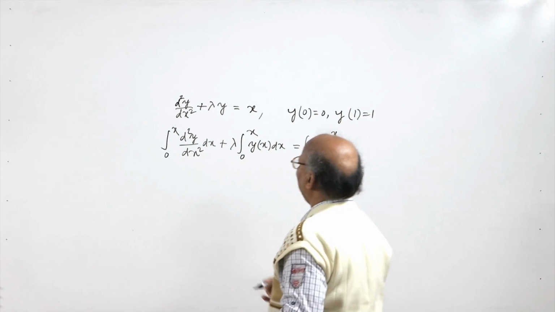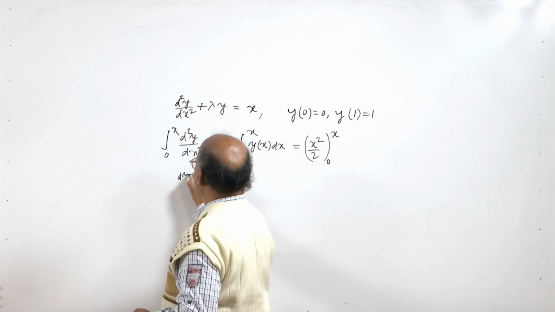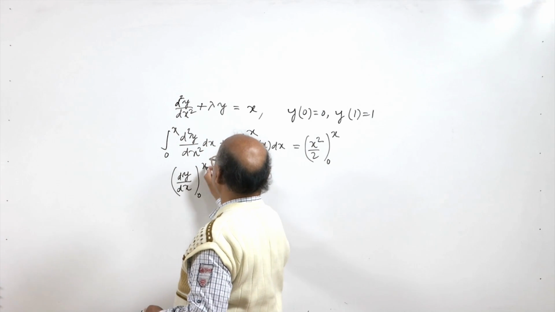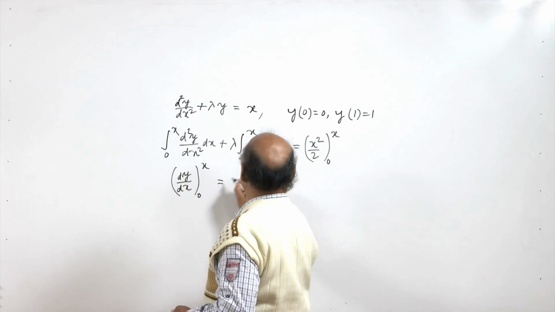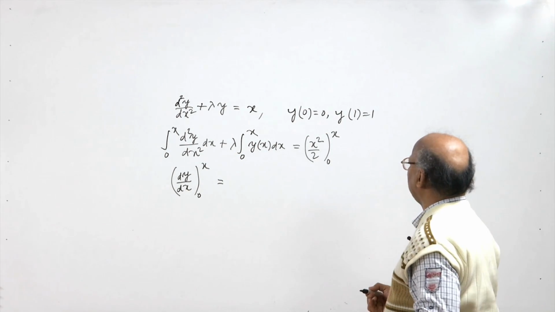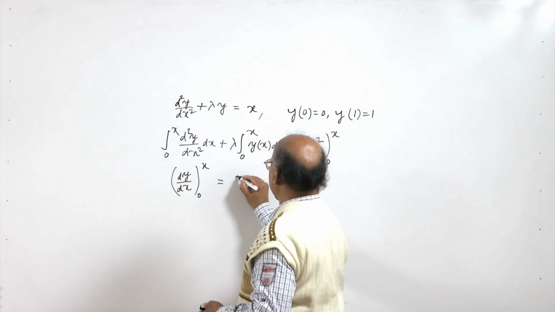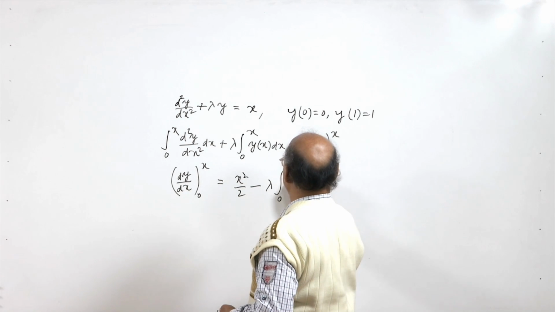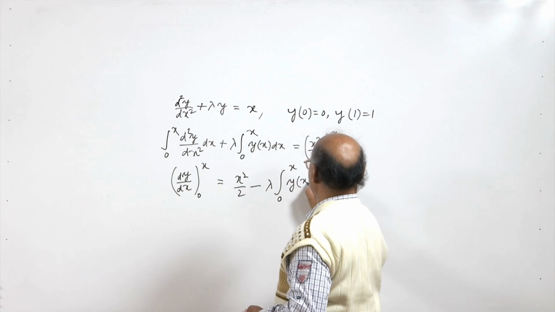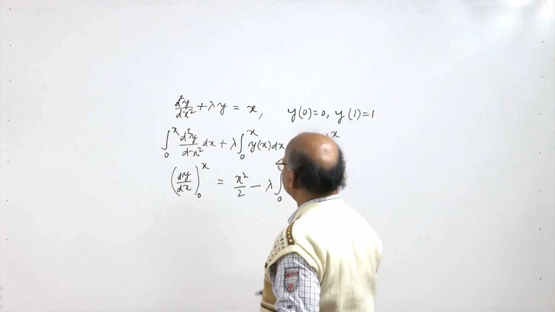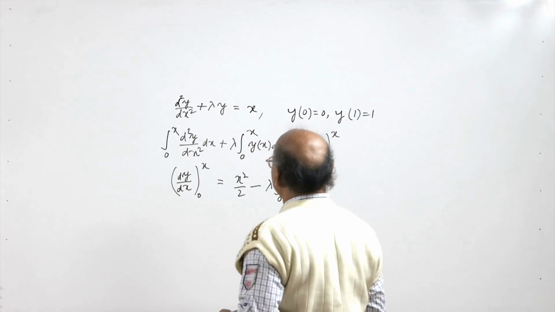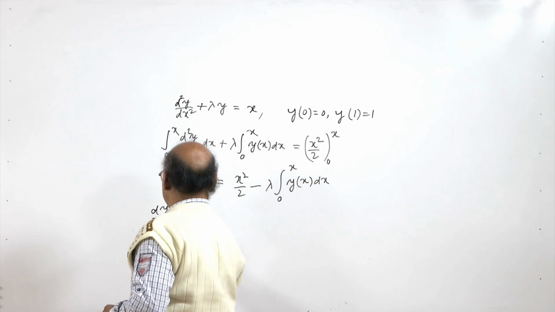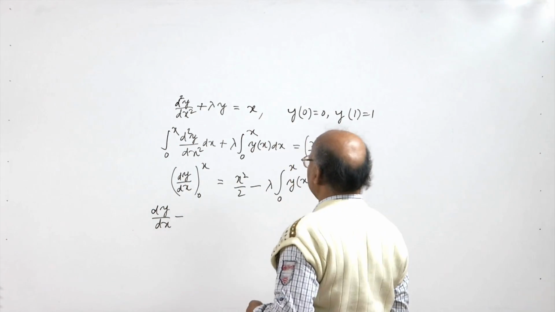When you integrate here, what you get is dy/dx, which is to be evaluated at the points 0 and x. Now x squared by 2 at x is x squared by 2 and at 0 it is 0, so we get x squared by 2 minus lambda integral 0 to x y(x) dx. Here we notice that it is dy/dx at x minus dy/dx at 0.